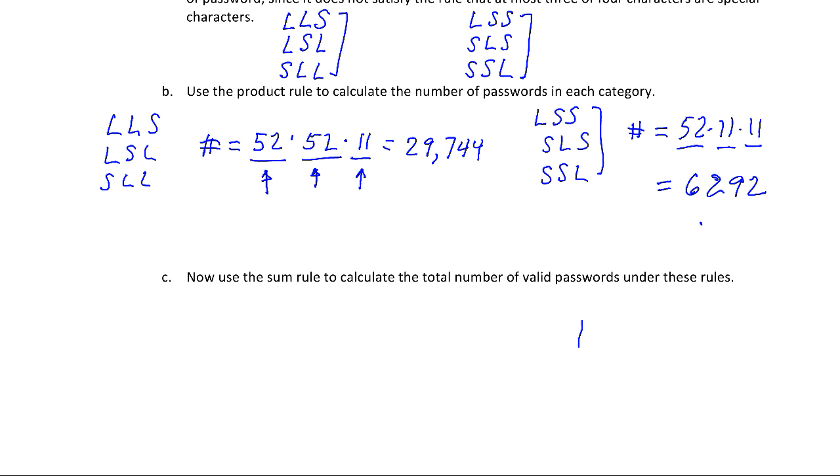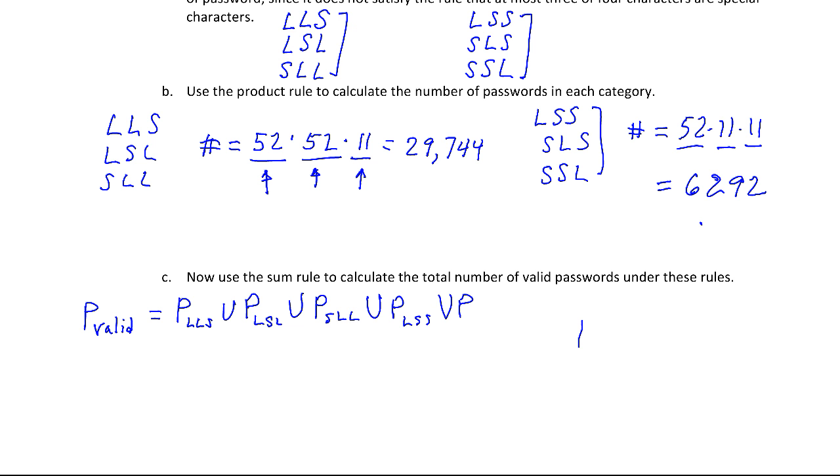And so the set of valid passwords is equal to the union of the 6 sets: LLS, union LSL, union SLL, union LSS, and so on, where each set of passwords is given a subscript which indicates the order and number of specials and normal letters in them.